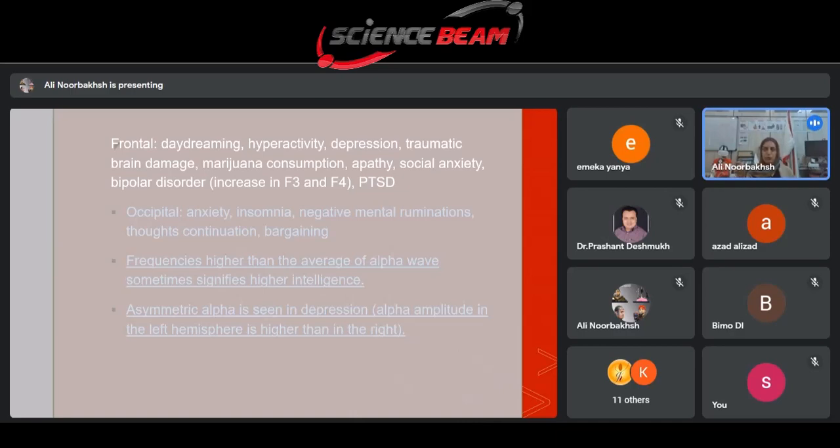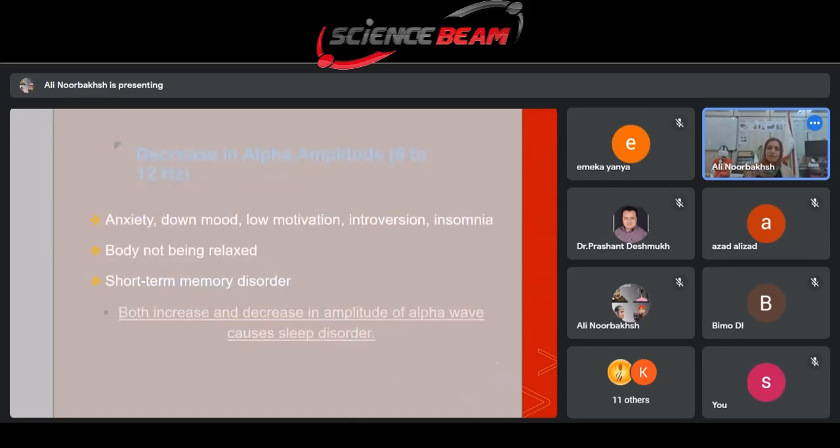In depression, you can see a decrease in alpha amplitude. In anxiety, down mood, low motivation, insomnia, body not being relaxed, short-term memory disorder. It's very important: both an increase and a decrease in the amplitude of the alpha wave cause a sleep disorder.